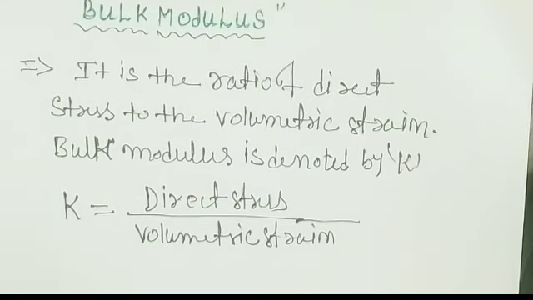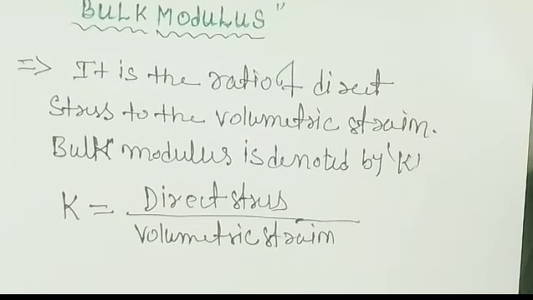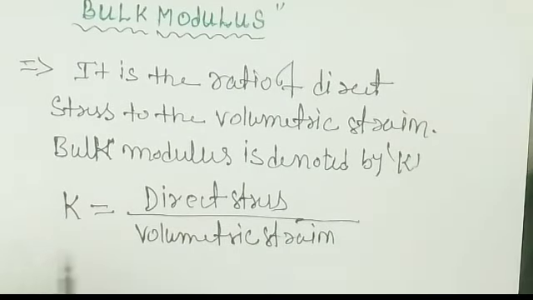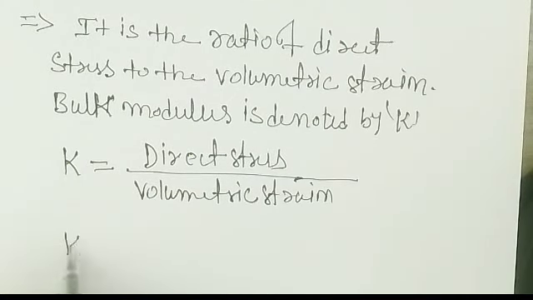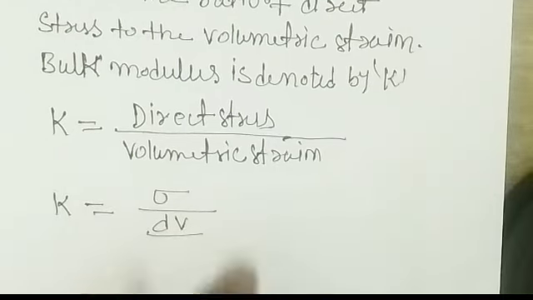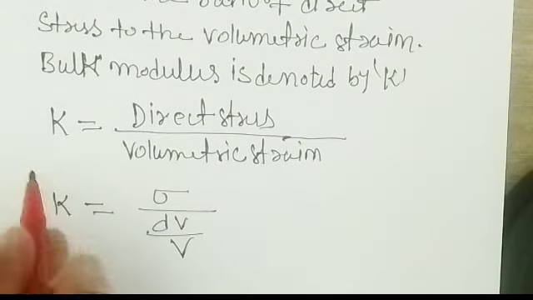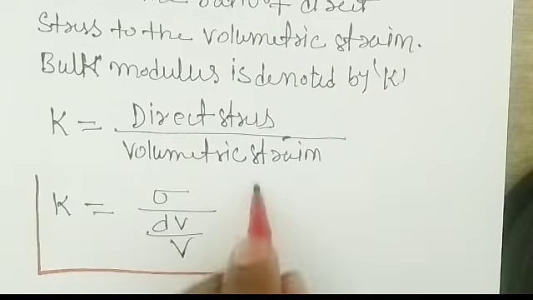We consider this within the elastic limit, meaning that when the body is unloaded, the material can regain its original shape and size. So this is the expression for bulk modulus. You can also write K is equal to sigma, the direct stress, divided by the volumetric strain, which is the change in volume by original volume, that is sigma by dV by V.